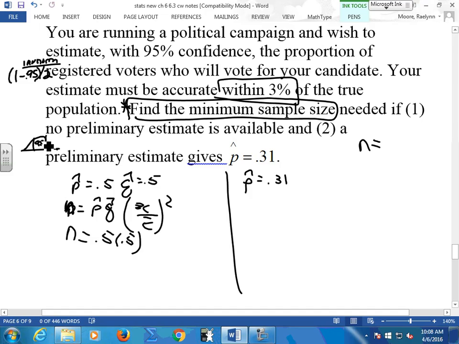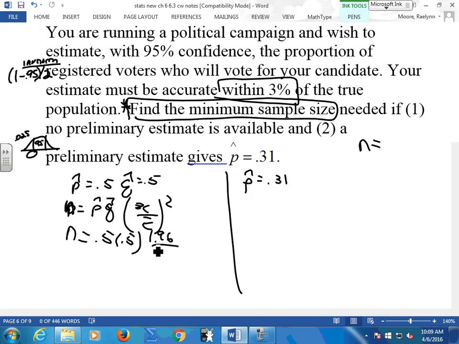You have 5% to share. What's half of 5%? 2.5. So if you look up 0.025, just make sure I get the positive. So what do I get? 1.96. Good.